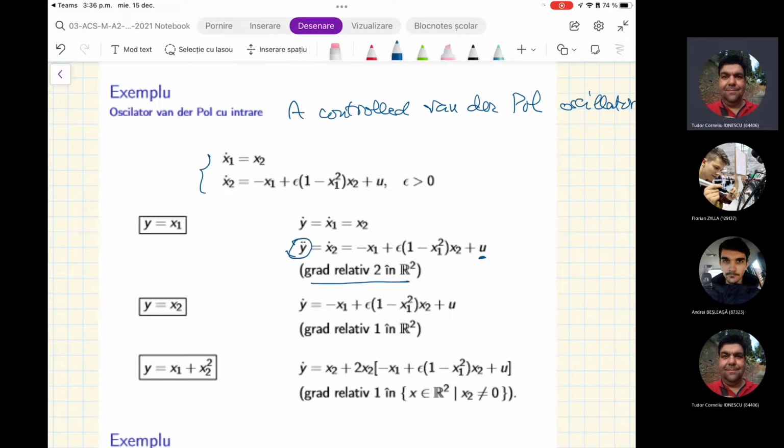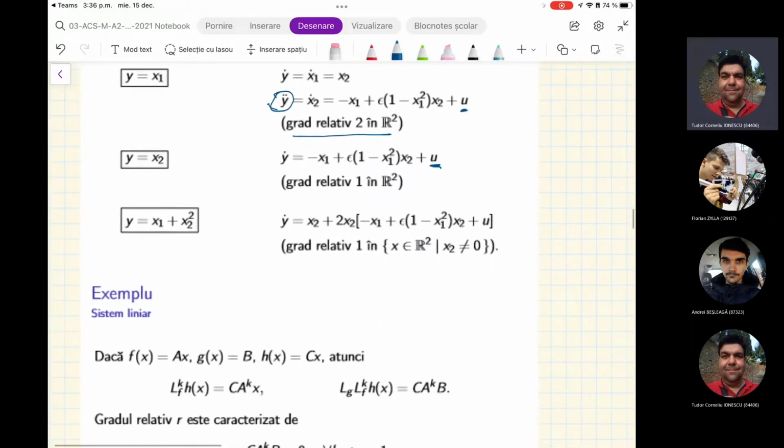What if you take the output to be x2? If the output is x2, then y dot contains this term, and the relative degree is 1 because you stop at the first derivative. What if you take this other output?